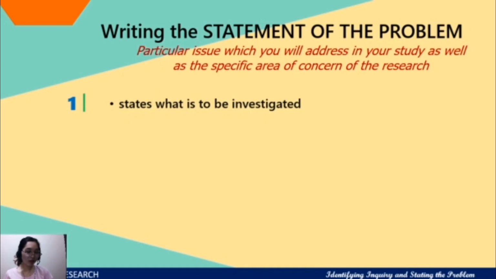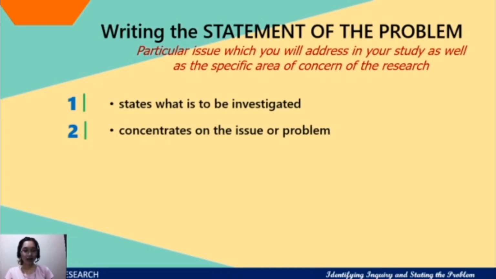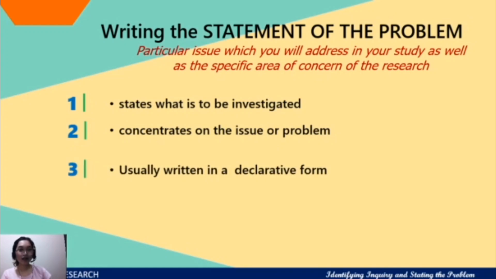This refers to the particular issue which you will address in your study as well as the specific area of concern of the research. The research problem states what is to be investigated, and it identifies the variables and discusses the relationship. It concentrates on the issue or problem.